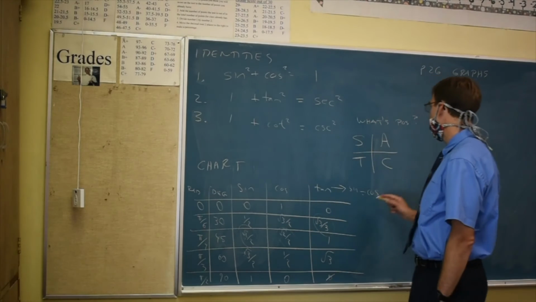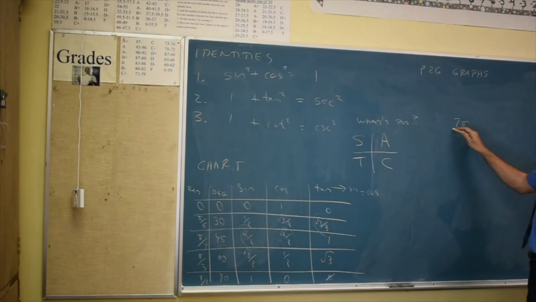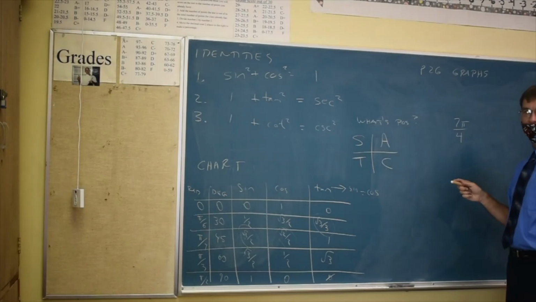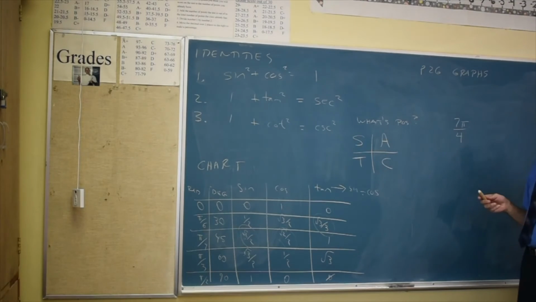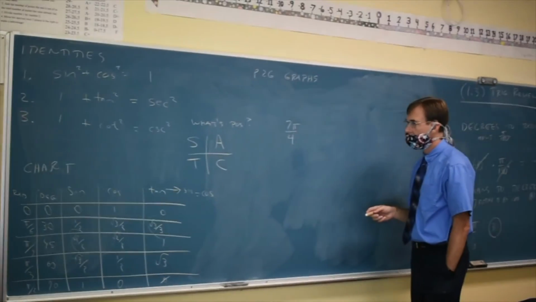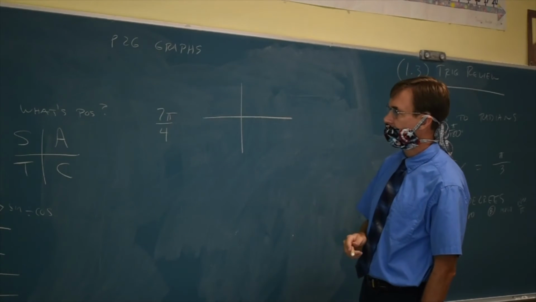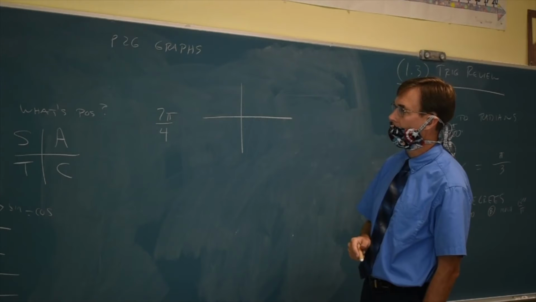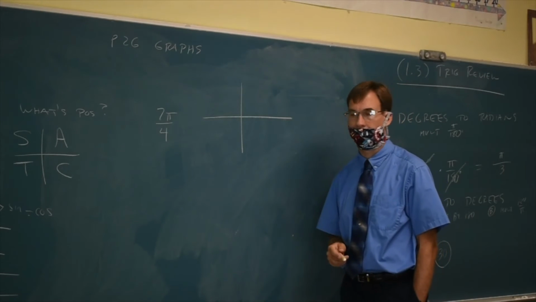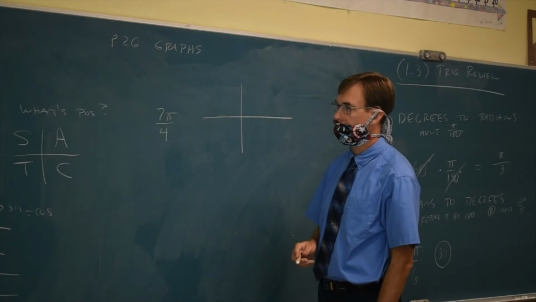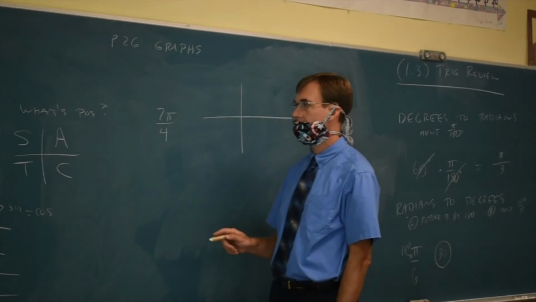I'll go 7 pi over 4. Might have to scroll a little bit to the right. So 7 pi over 4, your first challenge is figuring out where is that? And calculus is, again, like I said a few minutes ago, all radian based.